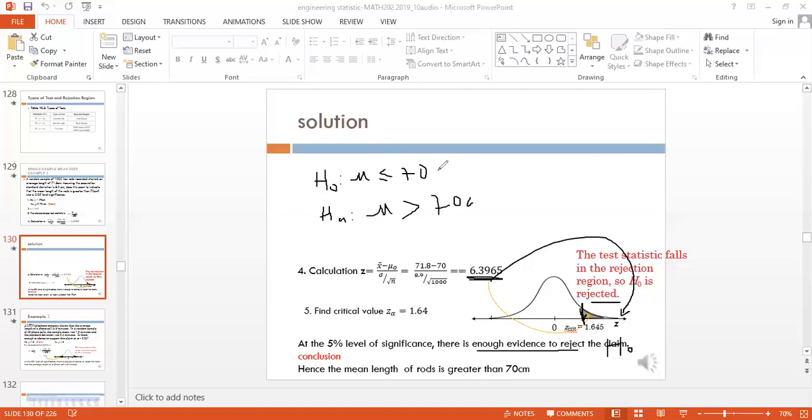So if we have rejected this claim, that we have evidence to reject it, then what we are saying is that the average length of iron rods is indeed greater than 70 centimeters.